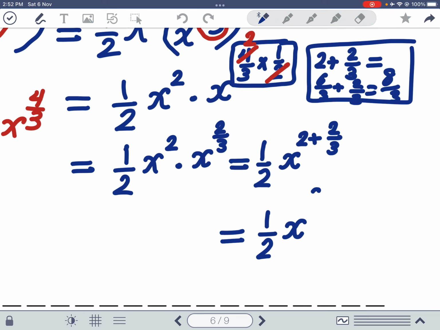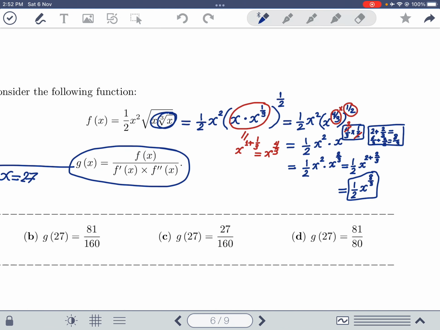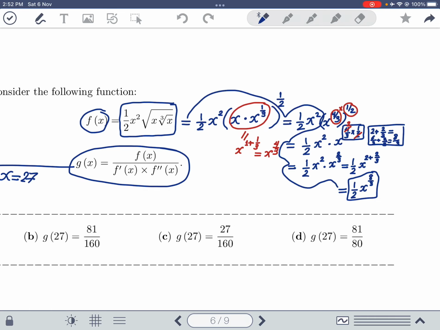So this is the power 8/3. What is this? 1/2 x to the power 8/3 is all of this f. We started with a complicated looking function, and we followed the steps one after another, until we found that it wasn't really a bad function. It was just that we needed to use our knowledge of algebra to make it look nice.